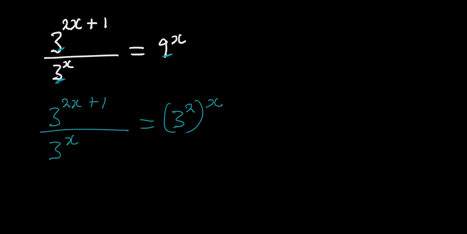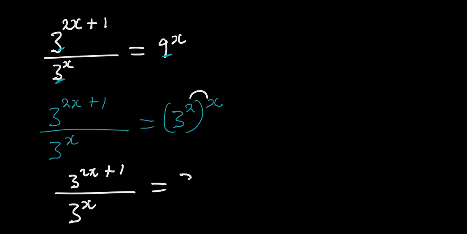At this point, we can distribute or multiply these two by x. When we do that, the equation will become 3 exponent 2x plus 1 over 3 exponent x equals 3 exponent 2x.